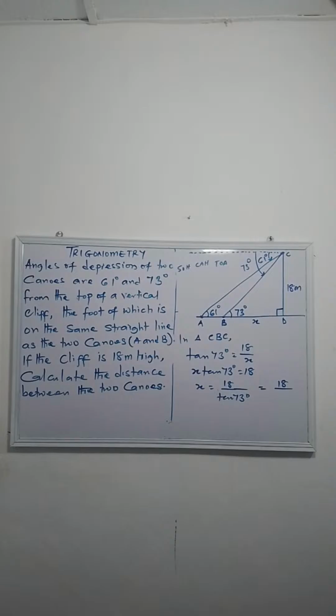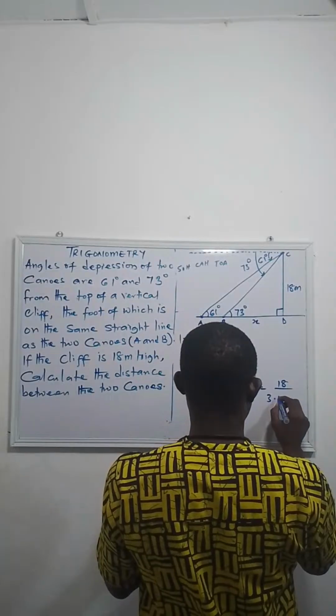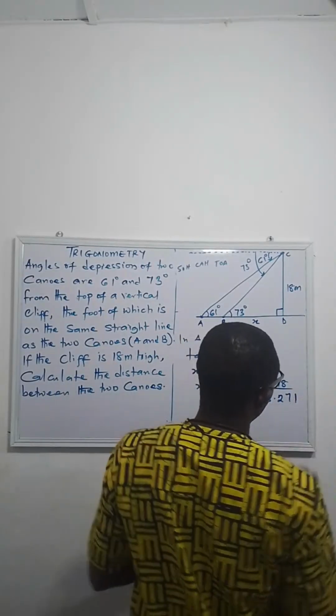Yes, and Esther, 3.271. Yes. I can see, Uncle J, you corrected that mistake. No problem. Who else? Noibat, 3.271. Okay, so I can see all our answers, and we are correct. So we have 3.271.